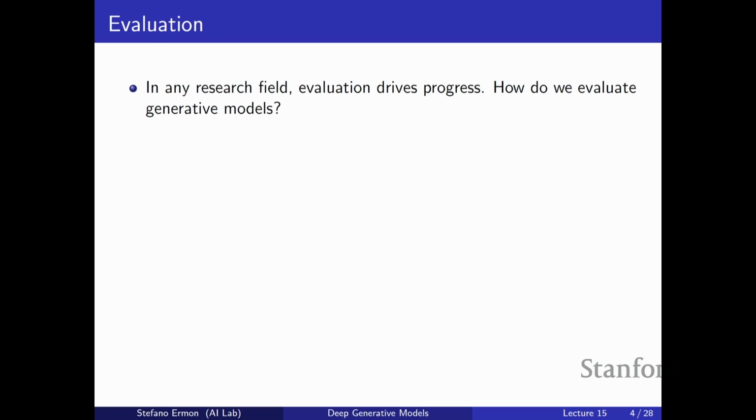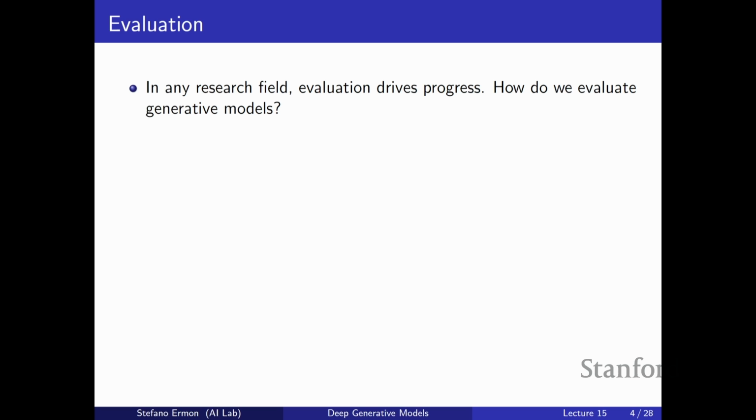That's really important because it allows you to make comparisons and pick the model that is most suitable for your problem. From a researcher's perspective, it's a super important ingredient. We always want to make progress. We want to build better models. But in order to do that, we need to be able to measure how good a model is.